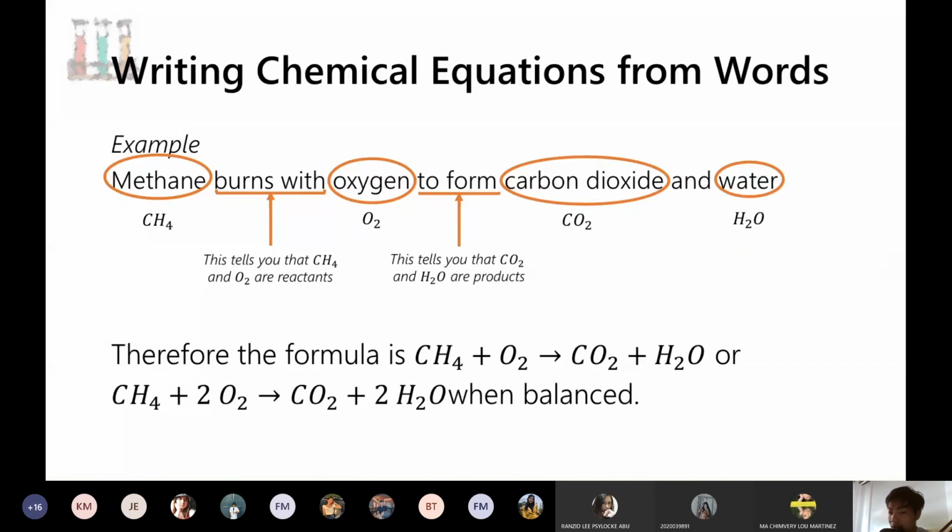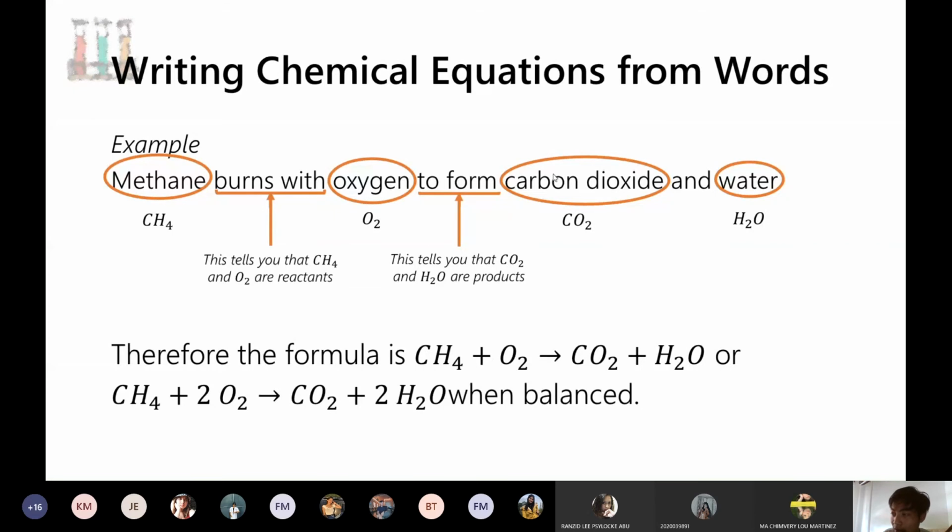Especially mga organic molecules such as ethane, butane, propane, hexane, octane. So if you are not familiar with those formulas, I will allow you to Google it. Huwag na natin pahirapan sarili natin. Okay, so pag organics, since wala pa tayong organic chemistry and you don't know the formula, feel free to look it up sa internet. So that's okay with me, para makasagot kayo.